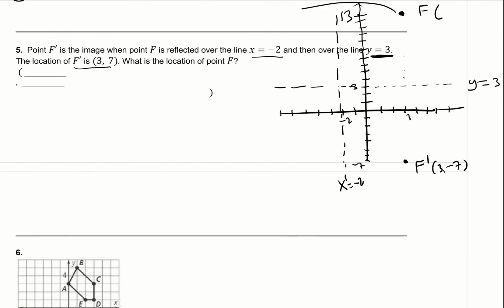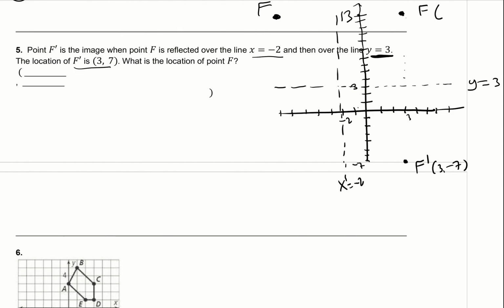Let's reflect it over that line. The distance from this vertical line to this F is 1, 2, 3, 4, 5, the distance between 3 and -2, which is 5. So we're going to move it 5 to the left, 5 over here, and put it at the same level as this F here.